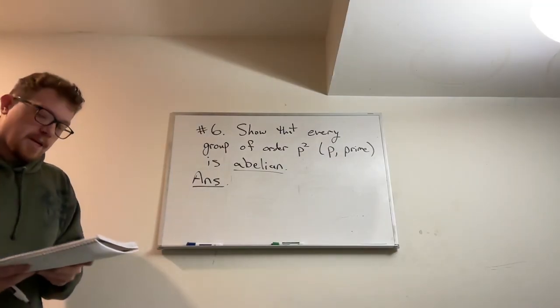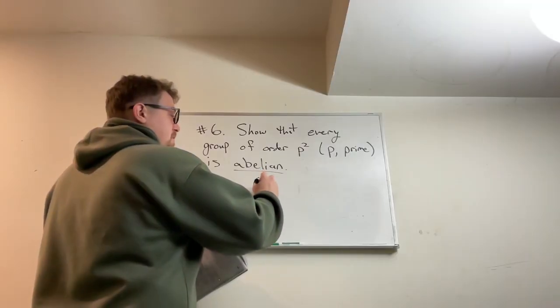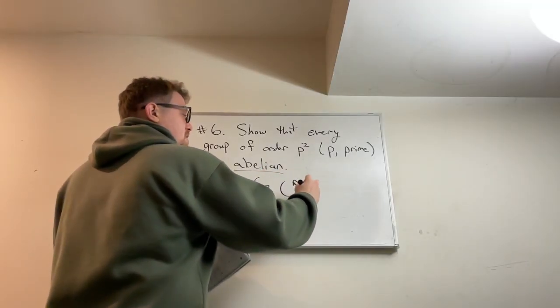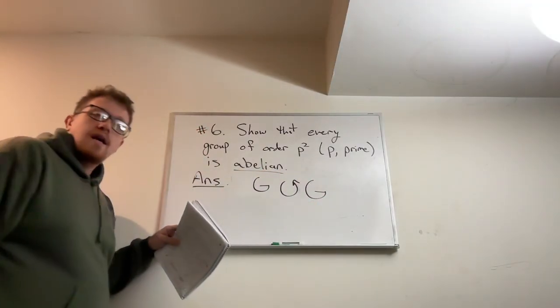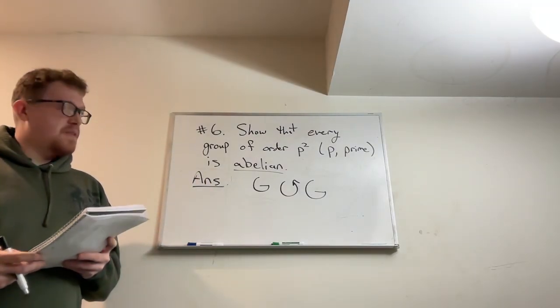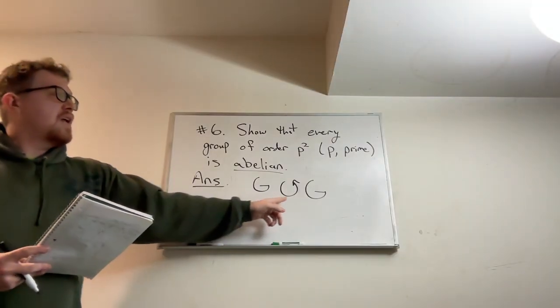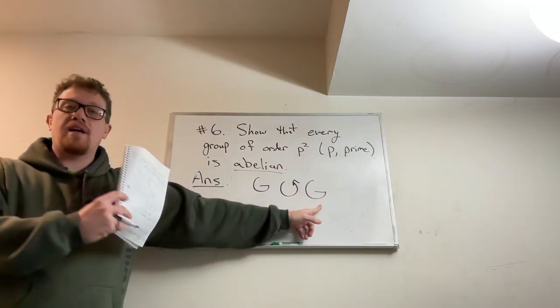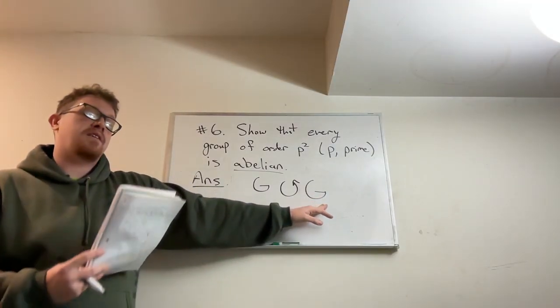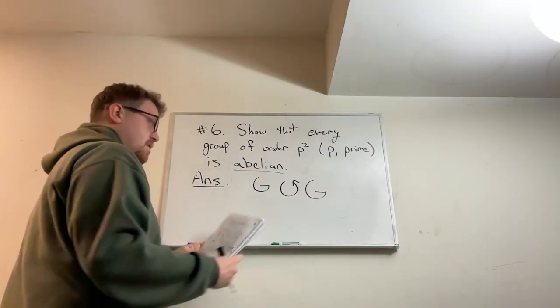And here it's again a counting argument and a group action, so this time G acts on itself by conjugation. Here we don't have any subgroup or normal subgroup. G is just going to act on itself by conjugation, so every element g is going to permute the elements of G by conjugation. So x will get sent to g x g inverse, and that's the action.